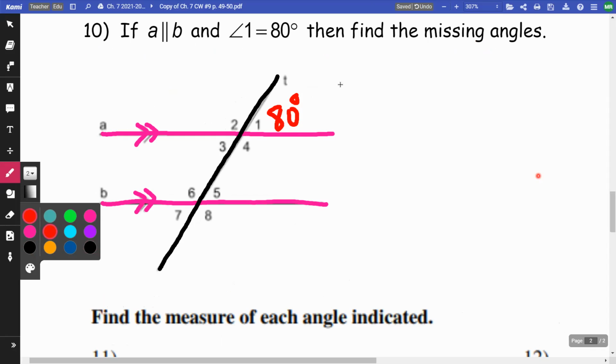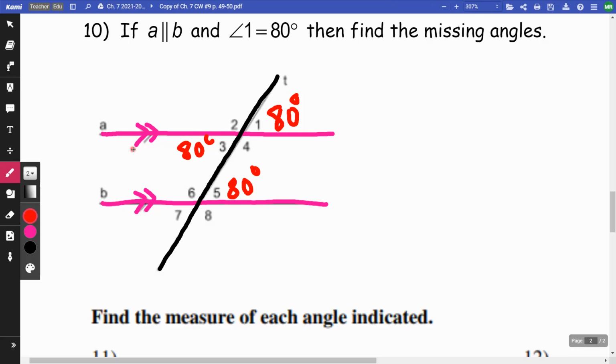Now, if angle 1 is 80 degrees, that means angle 5 is also 80 degrees because these are corresponding angles. Now, if angle 1 is 80 degrees, angle 3 is also 80 degrees because of vertical angles. Now, it's also the same as angle 5 because these are alternate interior angles.